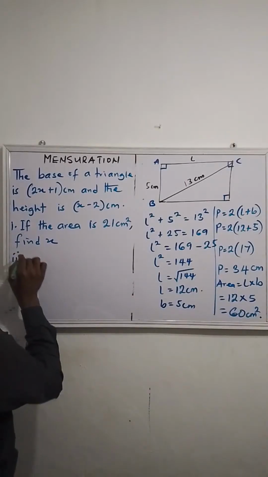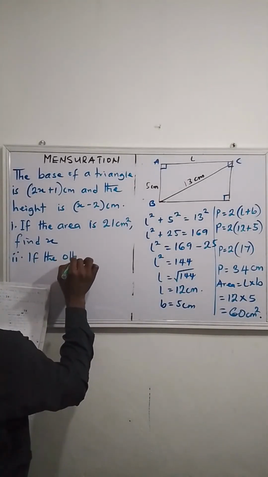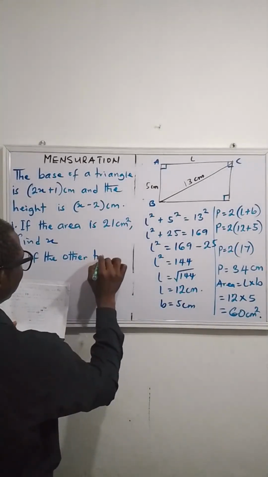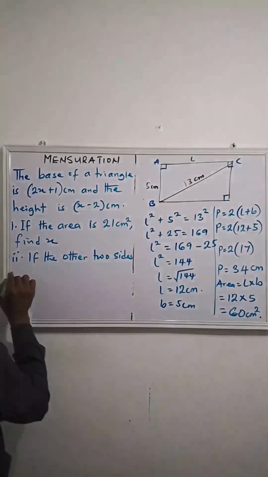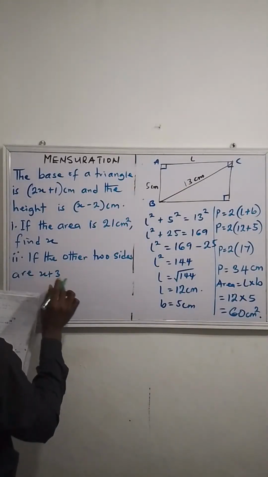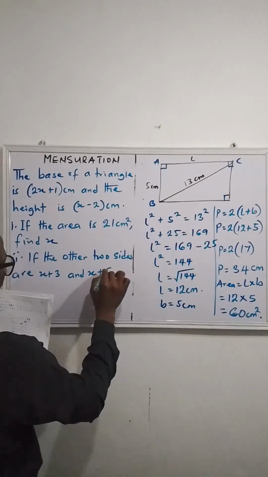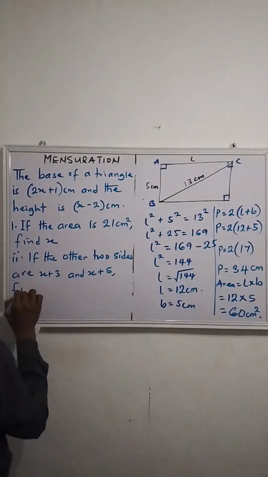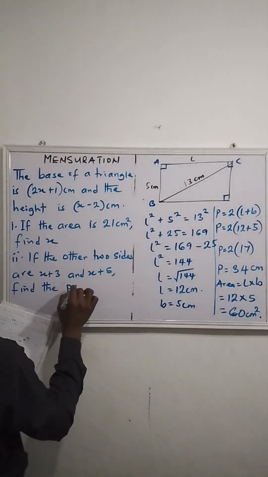And the second one, if the other two sides are x plus 3 and x plus 5, find the perimeter.